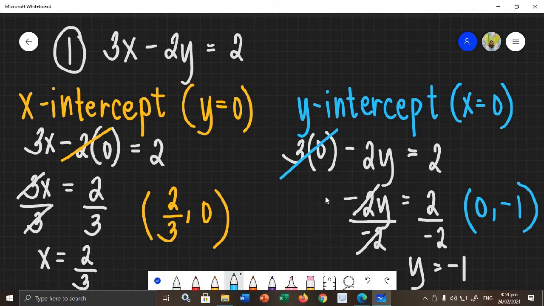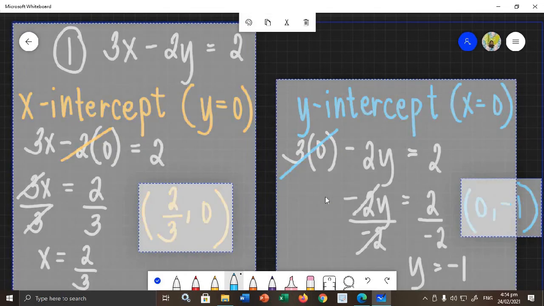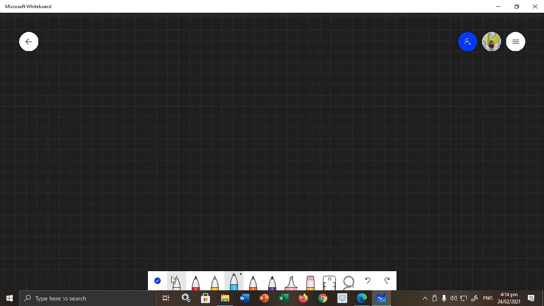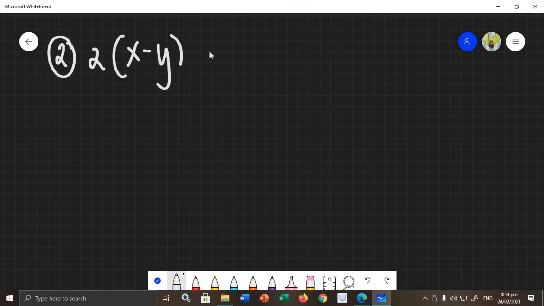How about another given linear equation? So, let's say the given is 2 times quantity x minus y equals 4. So, if the given is like this, you need to make it into the standard form of linear equation, which is ax plus by equals c.